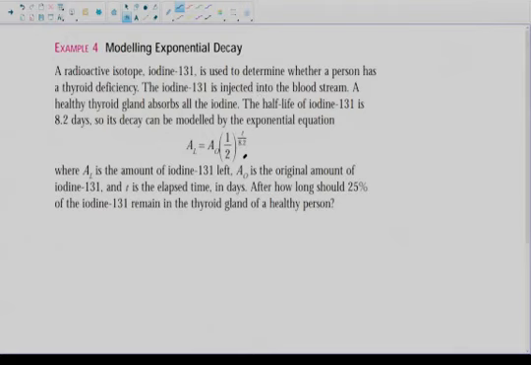So this is the first thing I want you to notice. Where is that 8.2 days in the formula? What letter does this replace? And I know they use T for X here, but what letter in our original formula does 8.2 replace? And that is your D value. Very good. Okay.